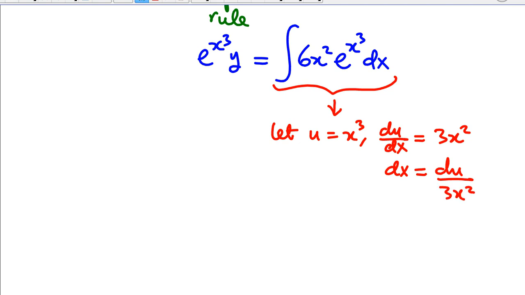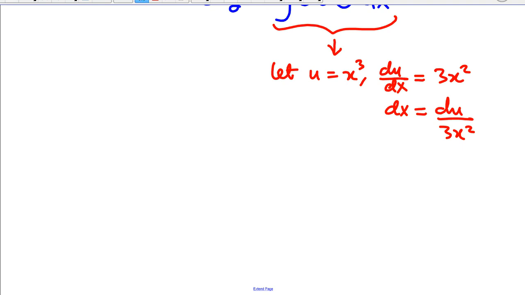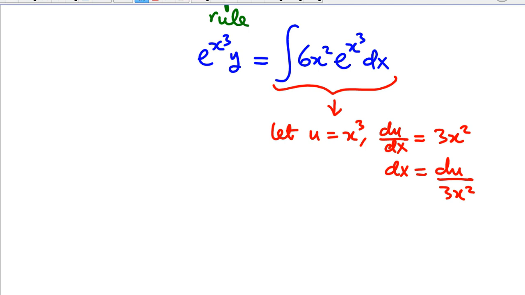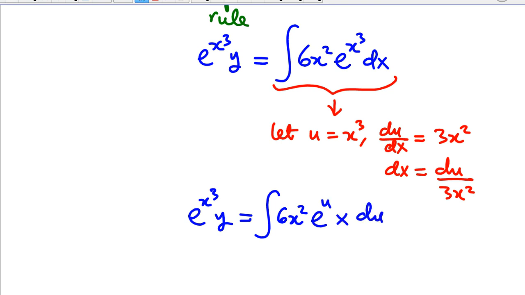So e to power x cubed y will be the integral of 6x squared e to power u multiplied by du over 3x squared after the substitution.